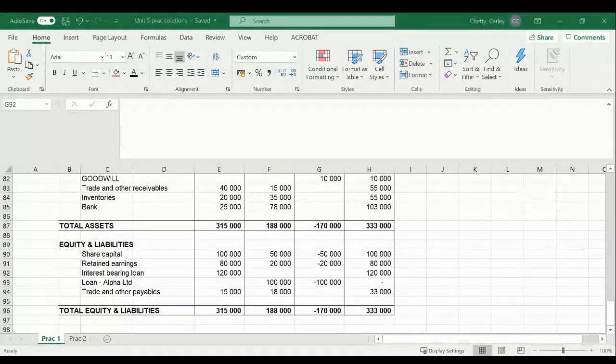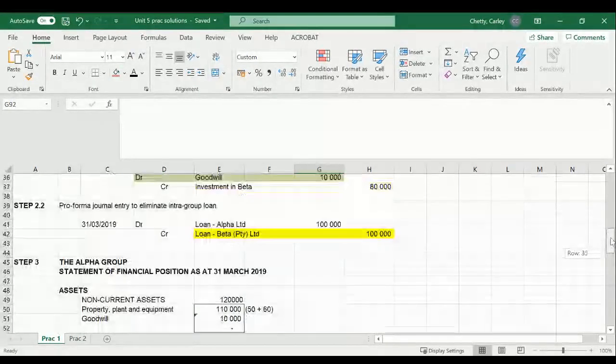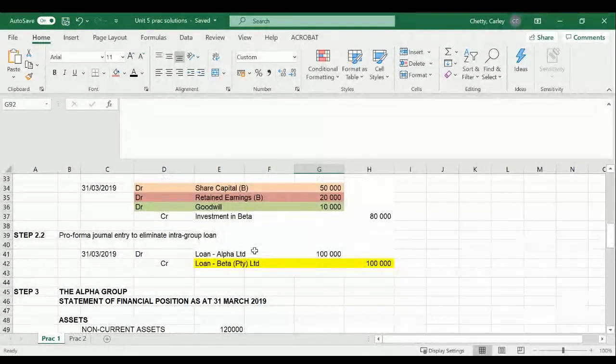So if we compare this interest-bearing loan to the loan that alpha gave to beta, we can see how it is treated differently. So in beta's books, this loan that was owing to alpha was shown as a liability. Then remember, we said it was an intragroup loan, meaning that it needs to be eliminated.